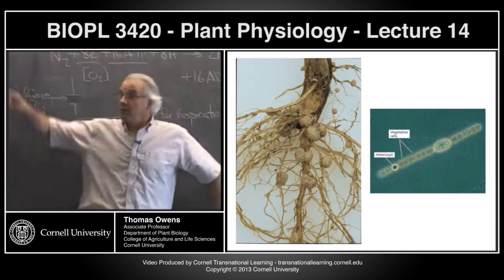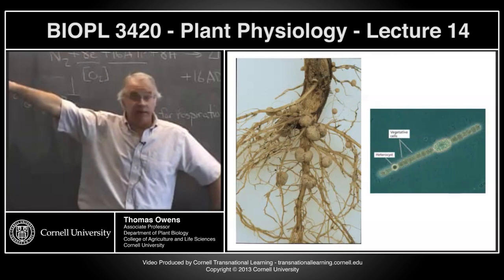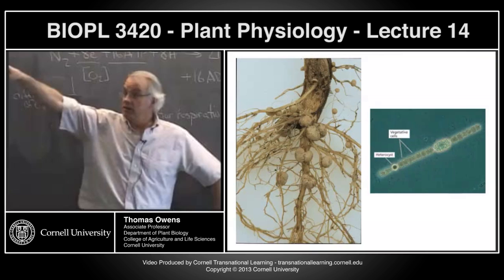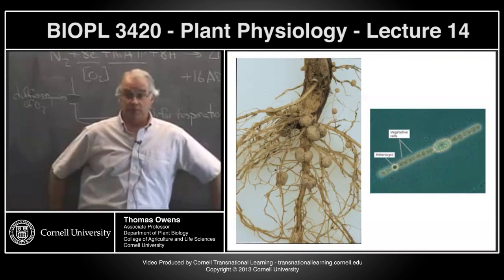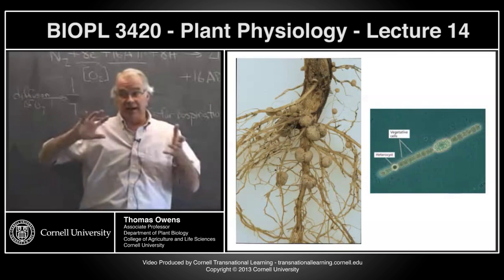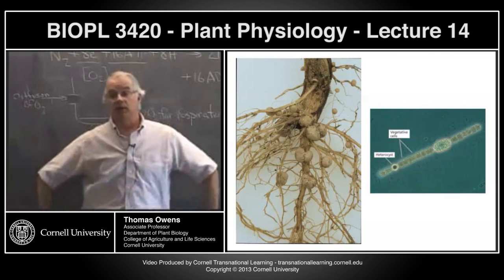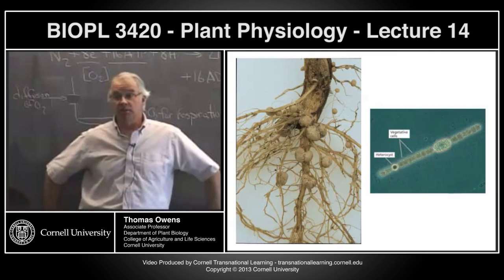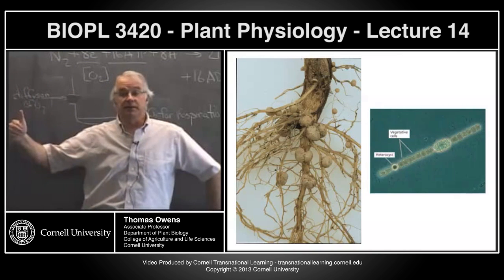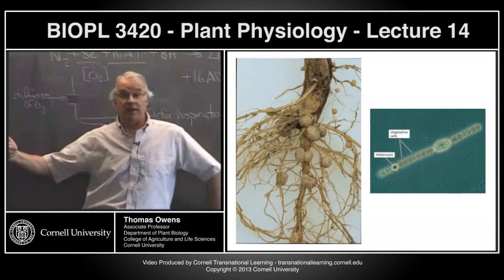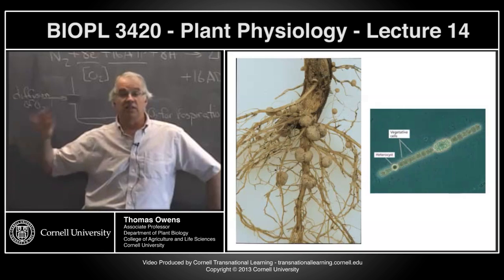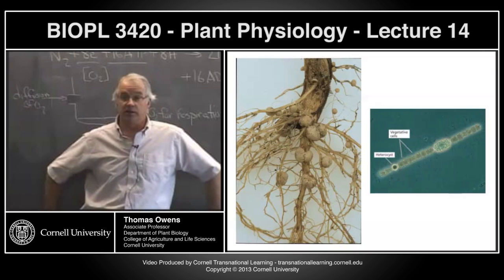In fact, many bacteria very closely related to the rhizobia that are involved in nitrogen fixation are pathogenic. So how does this symbiotic relationship become established in a way that guarantees to the plant that it's allowing the right bacteria to interact with it?